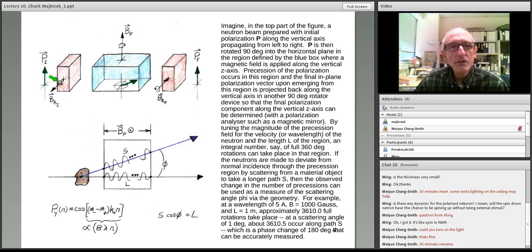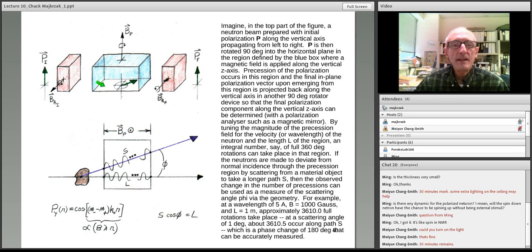And if we choose the thickness of this region and the magnitude of the field just right, we can make that polarization rotate from along the z-axis to in plane along the x or y-axis. Then if it enters a field that's still directed along the vertical, this polarization direction will precess within this region and stop when we come out and rotate back up into the vertical direction.